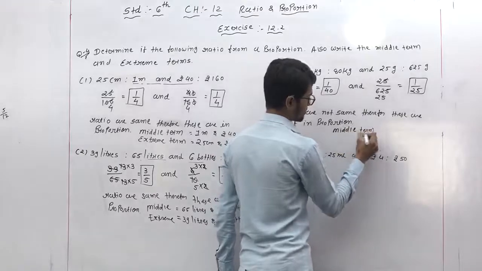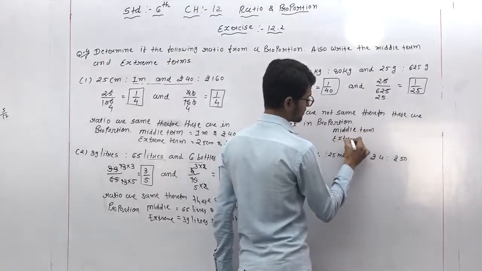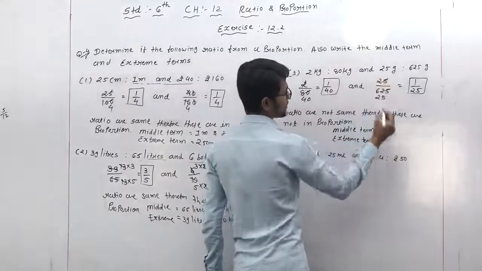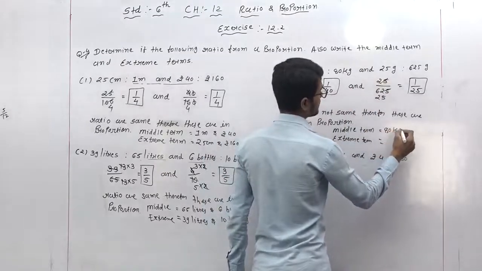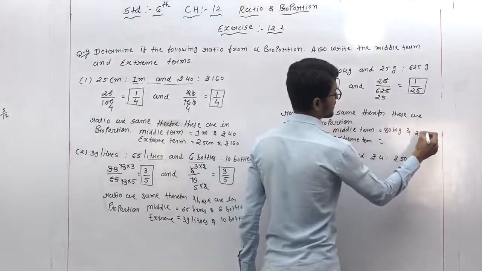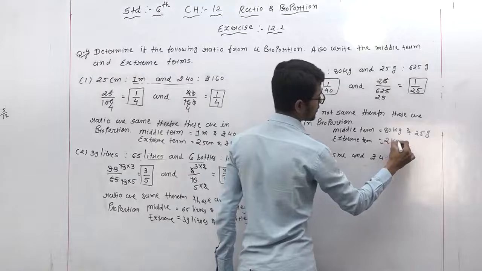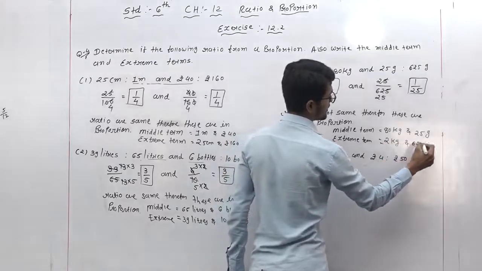So the middle terms are 80 kilogram and 25 gram. Extreme terms, the first term and the last term, 2 kilogram and 625 gram.